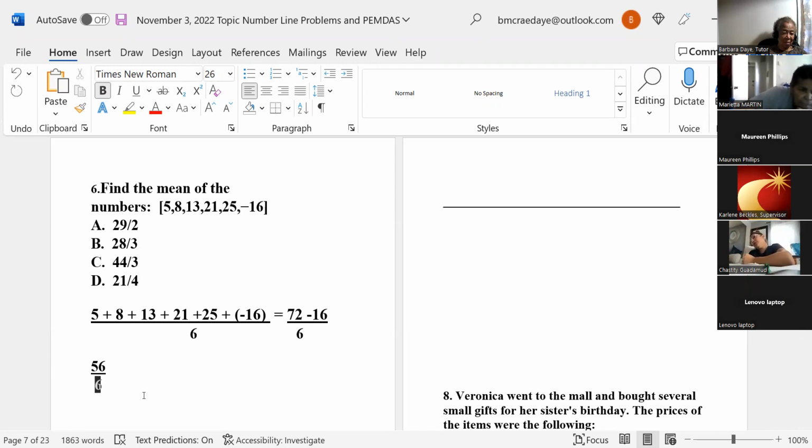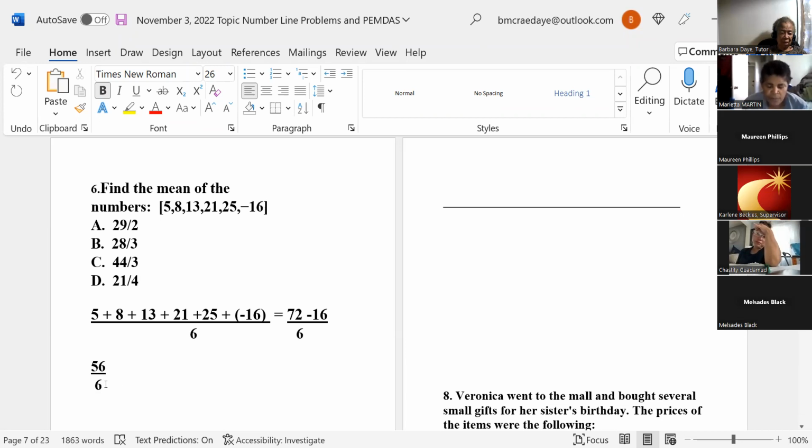Let's see. What are the multiples of 6? 2 and 3. Can't 2 divide into 56?